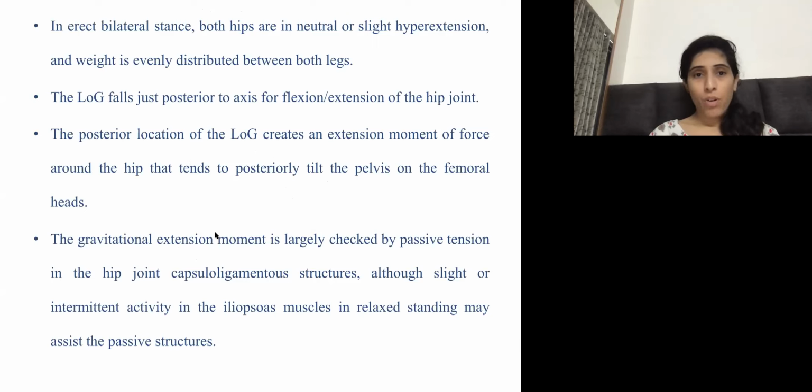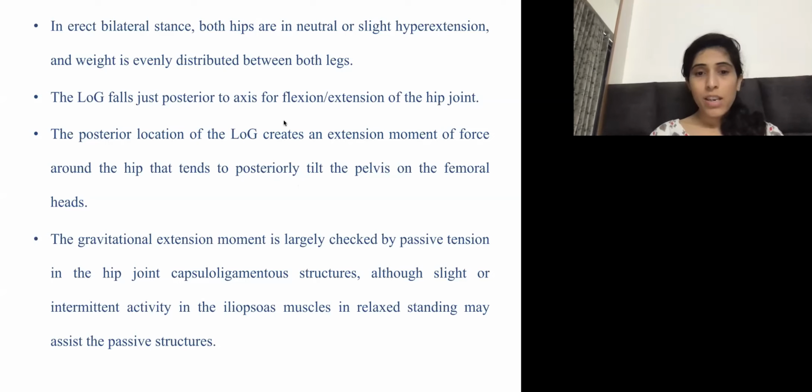So the LOG falls just posterior to the axis of flexion and extension of the hip joint. The posterior location of the LOG creates an extension moment force around the hip that tends to posteriorly tilt the pelvis on the femoral heads.